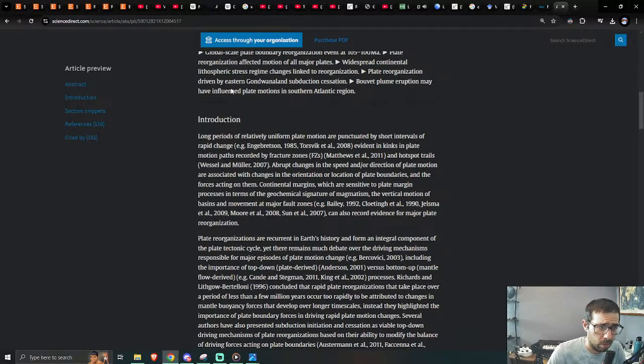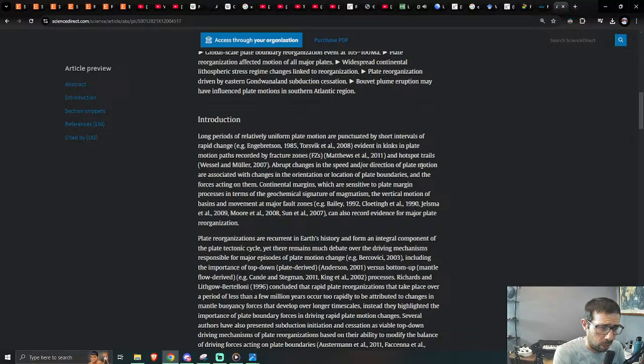Introduction: Long periods of relatively uniform plate motion are punctuated by short intervals of rapid change, evident in plate motion paths recorded by fracture zones and hotspot trails. Abrupt changes in the speed and/or direction of plate motion are associated with changes in the orientation or location of plate boundaries.